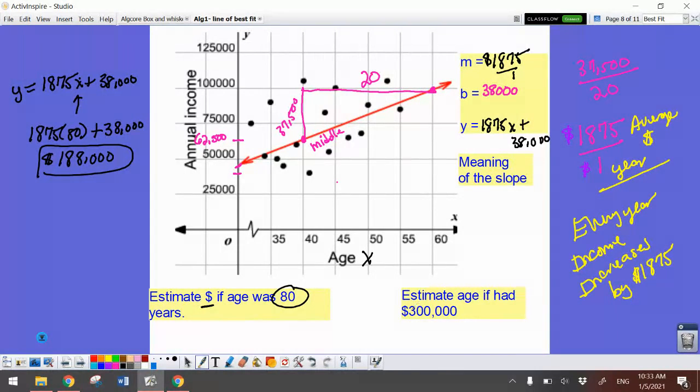Well, now let's see what happens here. So estimate the age if I had $300,000. So where does this go? Is that my X or is that my Y? Yeah, it's the Y this time. So I have 300,000 is equal to 1875x plus 38,000. So the first thing I'm going to do is subtract my 38,000.